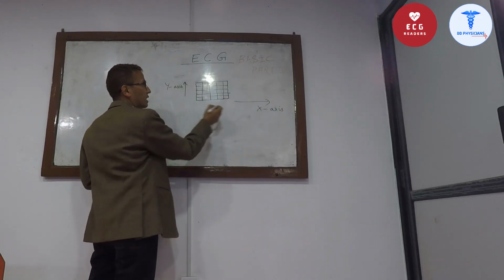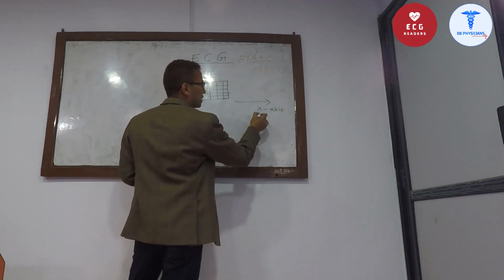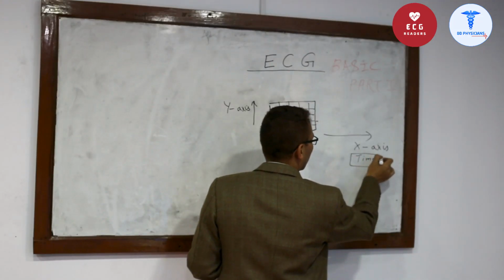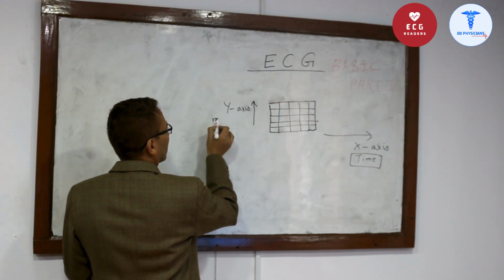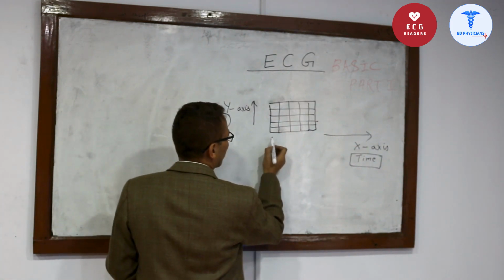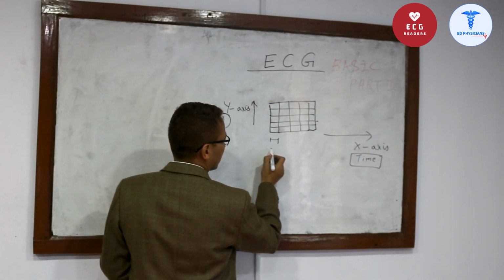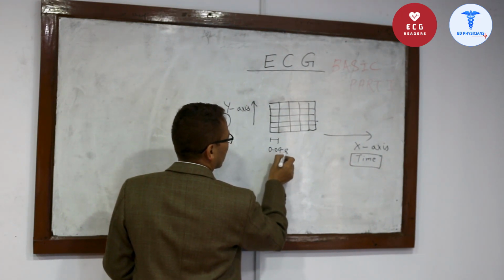One small square in the x-axis is 0.04 second.